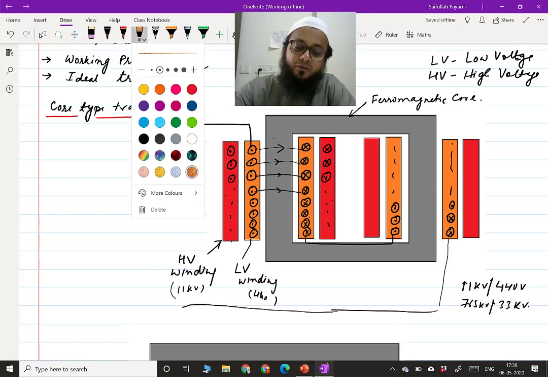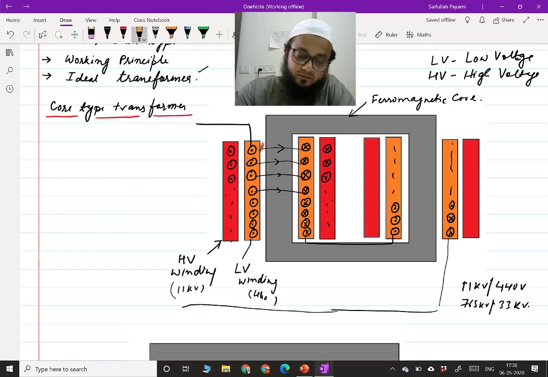Between this core and the winding, we have the insulations here. These are the insulations. And this insulation depends upon the voltage level at which I am using it. The amount of insulation depends upon what voltage level I am using it at.